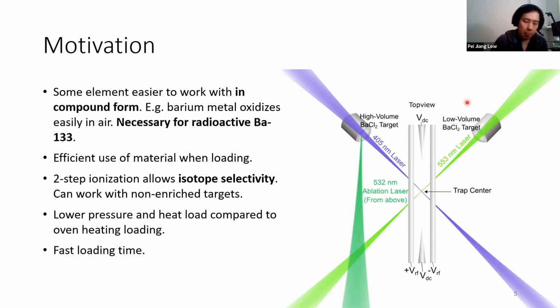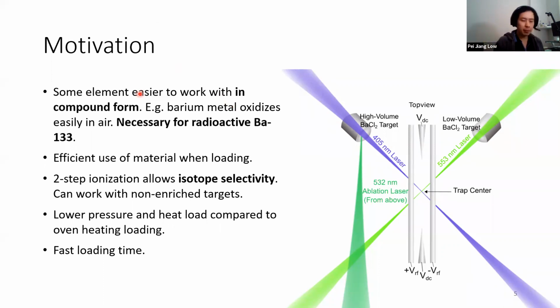So why are we loading this way, as compared to the more traditional and pioneering method of oven loading? There is a list of advantages, but we'll focus on the two major ones. The first is that with laser ablation, you can work with the element you want to load in compound form. For barium, this is very convenient because barium oxidizes very quickly and easily when exposed to air, so assembly could be difficult if you're not working with its compound form.